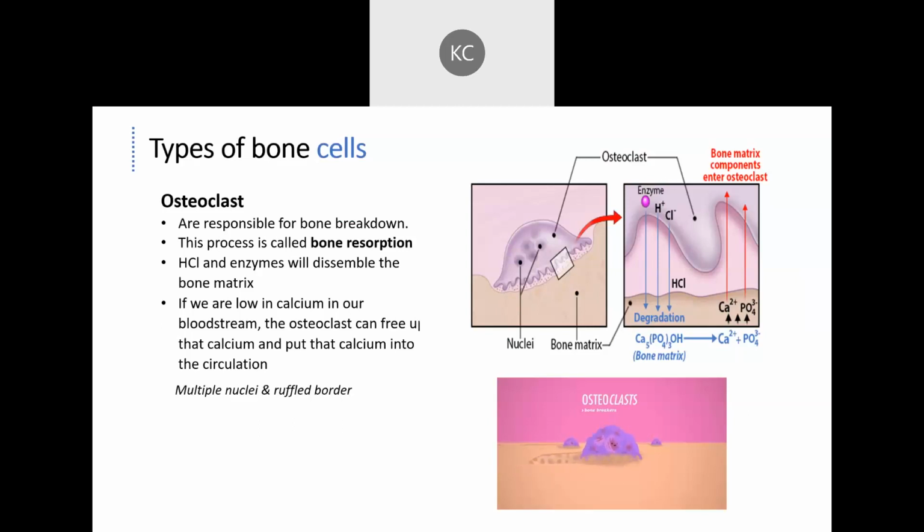We'll talk later about different hormones that can influence the activity of osteoblasts and osteoclasts. Specifically, one's called calcitonin and one's called parathyroid hormone. Now, speaking of osteoclasts and breaking down bone and releasing calcium, this is important for a number of reasons.